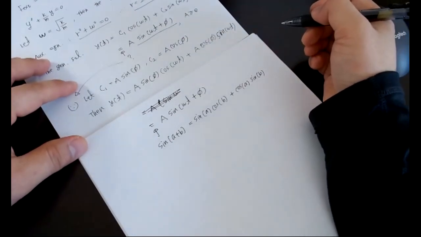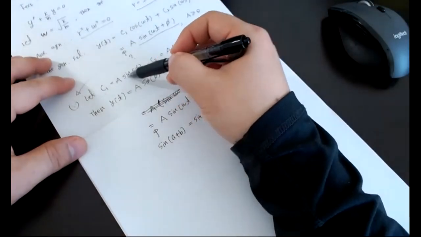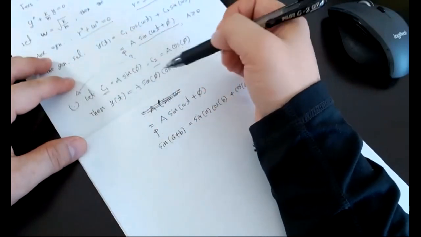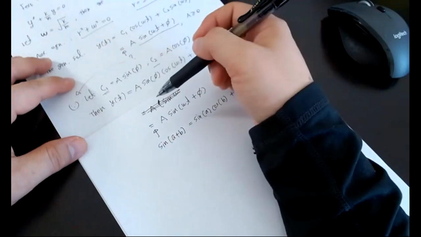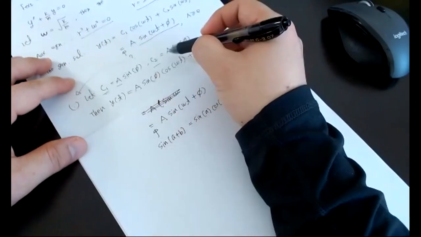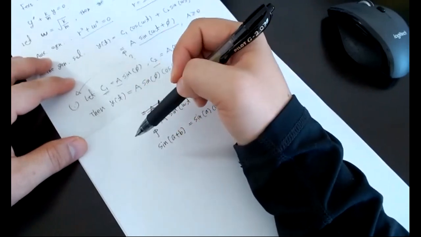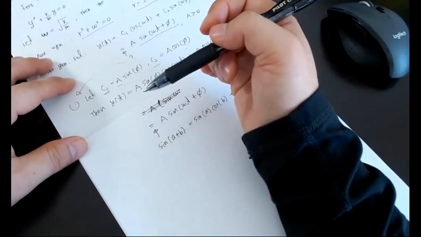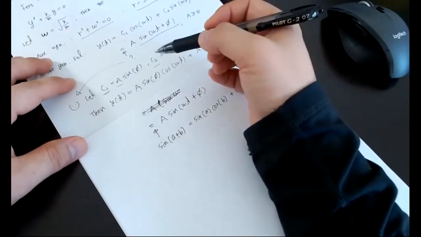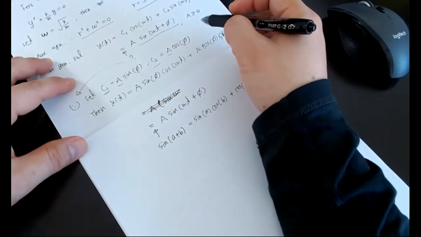Okay, so you may wonder how we can say that C1 is equal to this and C2 equals this. Keep in mind that C1 and C2 are unknown constants of integration. So C1 can be expressed in terms of unknown constants, which are A and phi.